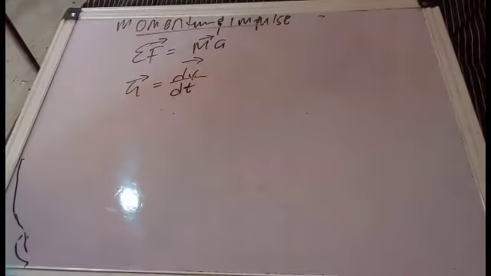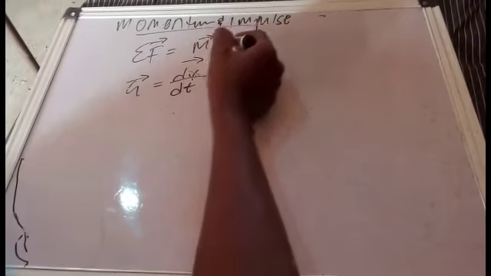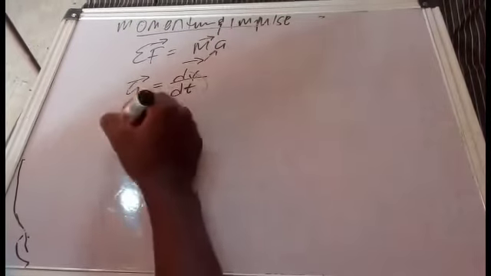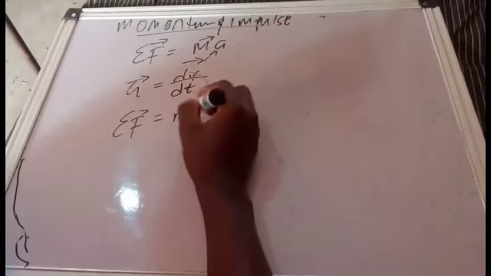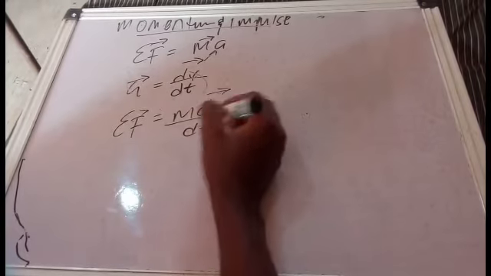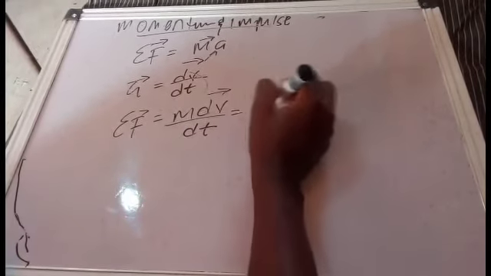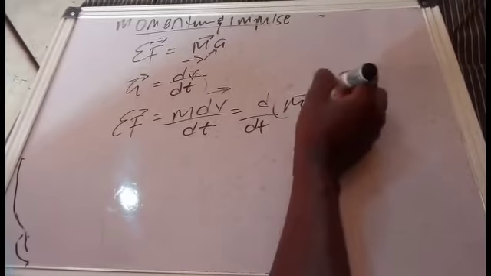Change in time. This is the representation in particle form. So now if you substitute this into this, the summation of force should be mass times dv over what? dt, which gives us d/dt of (mv).